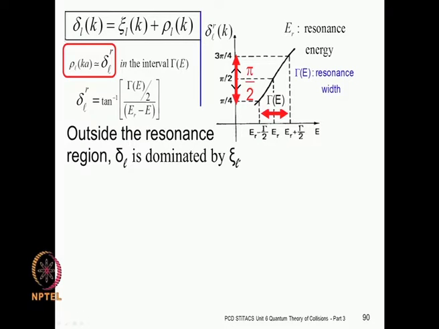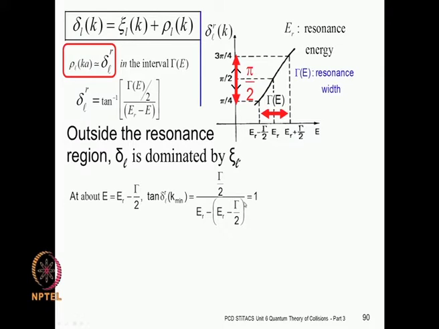Okay. So, outside the resonance region, the scattering phase shift is dominated by the hard sphere component. Okay. So, what relations do we get at the resonance? If you go to this energy which is half width below the resonance, the tangent of delta, which is defined by this relation, becomes +1, as you can see clearly.